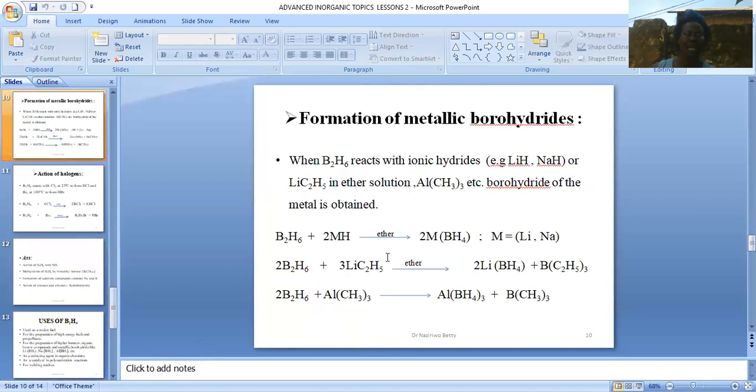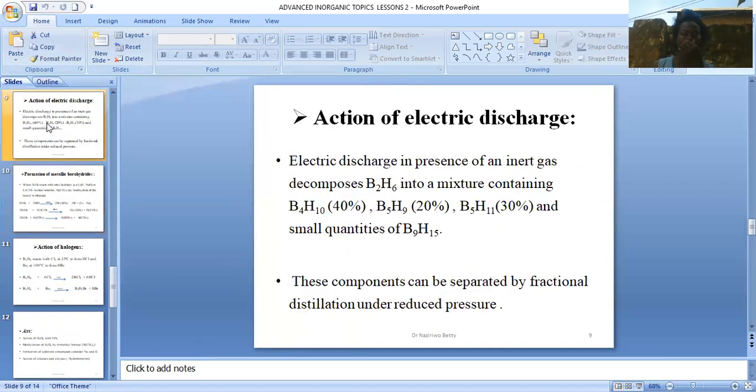Action with an electric discharge: in the presence of an inert gas, diborane decomposes into a mixture of boranes: tetraborane 10, about 40%, pentaborane 9, about 20%, and pentaborane 11, about 30%, and small quantities of other products.